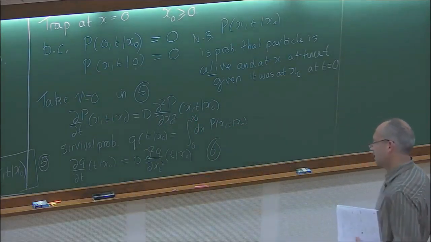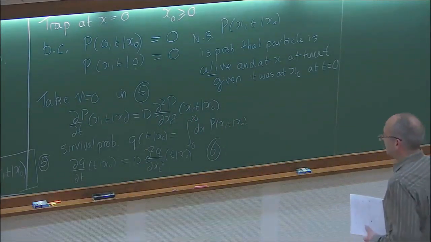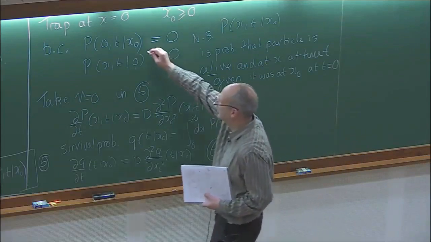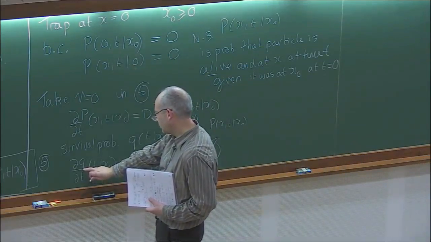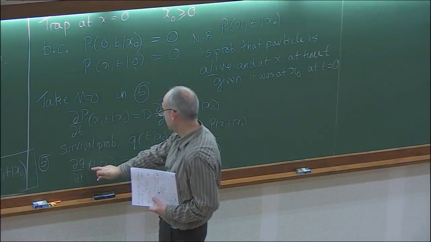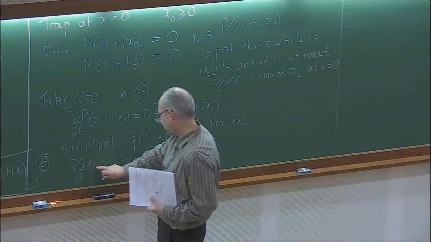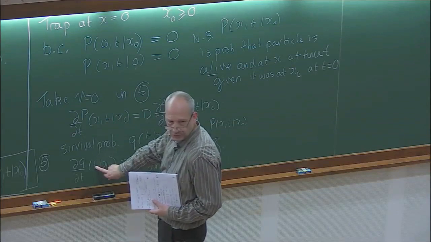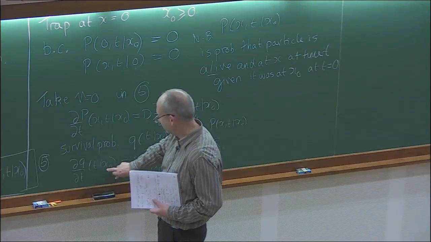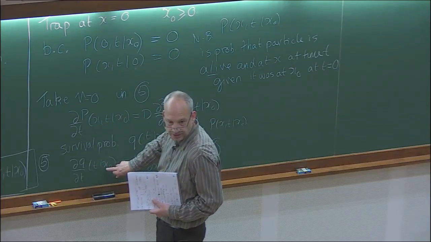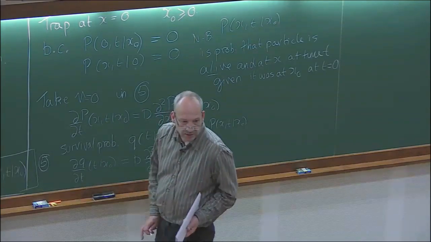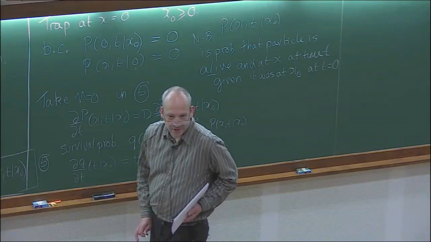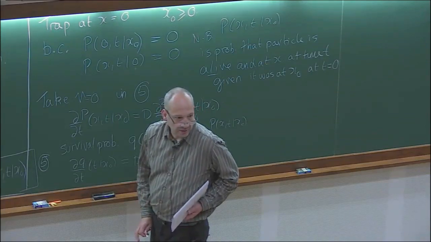And my boundary conditions now become, so here these were the boundary conditions. So when I think about the total survival probability, well, at t equals 0, as long as x naught is not 0, it will have survived, right? It hasn't had a chance to die yet. So the survival probability should be 1.